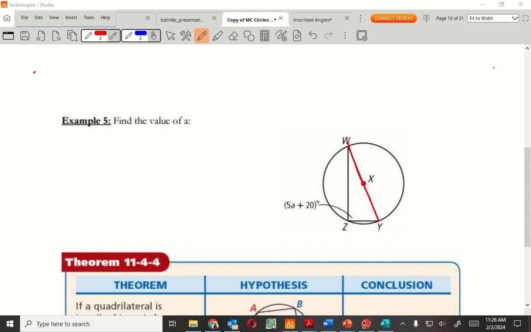So that means that over here at Z is 90. That little box right there means it's 90. So we're going to do the math to find the value of A. I know that 5A plus 20 is equal to the angle itself, which is 90.